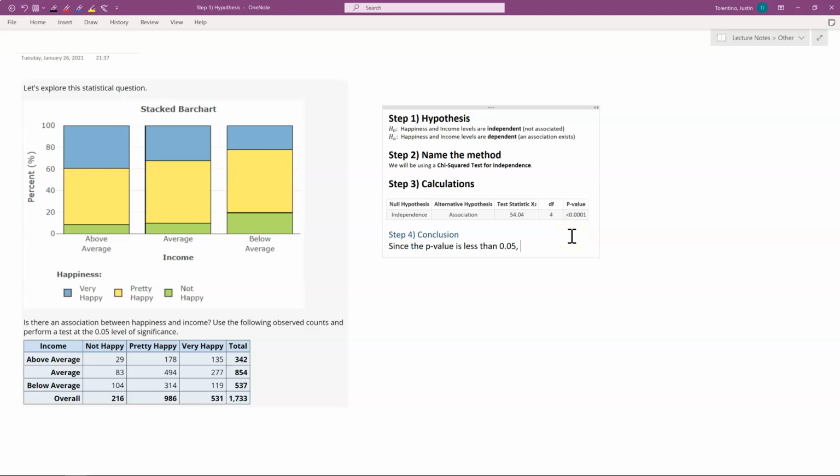So this must mean they are dependent. We're going to reject the null hypothesis. There is sufficient evidence to show that happiness and income level are associated.